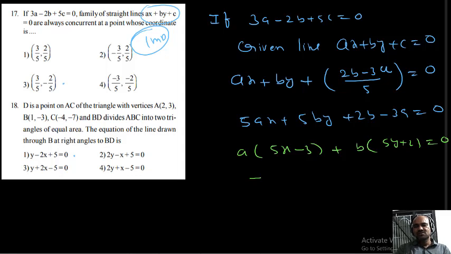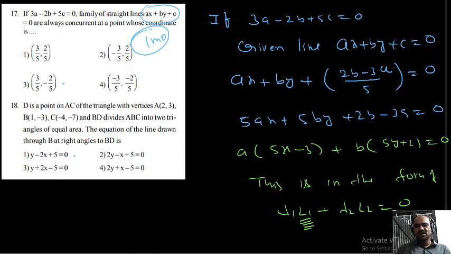Observe, this is in the form of lambda 1 L1 plus lambda 2 L2 equal to 0. What type of family depends upon L1 and L2? L1 is this and L2 is this. Observe, they are intersecting, that's why it is a family of concurrent lines. What is the point of concurrency?